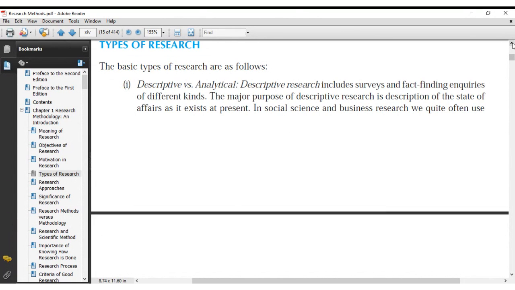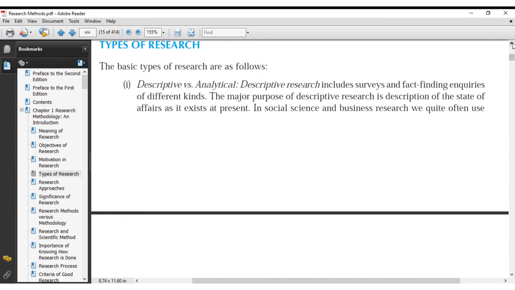The thing about descriptive research is that it is not always geared towards finding a solution. Are we together? It's not always geared towards finding a solution.